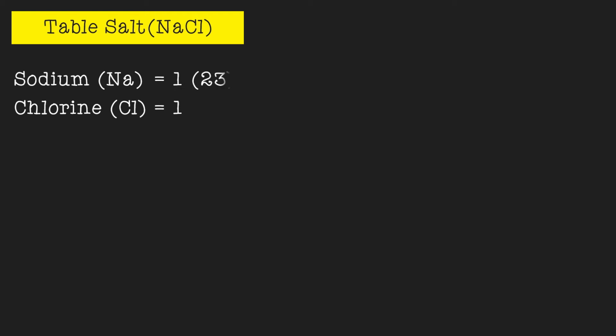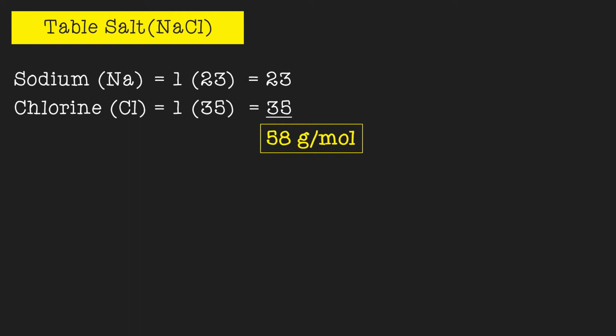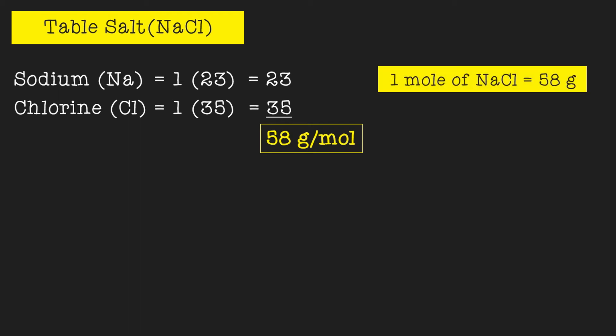Sodium has atomic mass of 23, while chlorine has 35. Multiplying the number of atoms in an element to its atomic mass, sodium has 23, while chlorine has 35. Summing up 23 and 35, the result is 58 grams per mole. It means 1 mole of table salt weighs 58 grams.